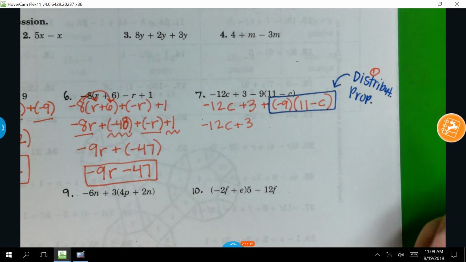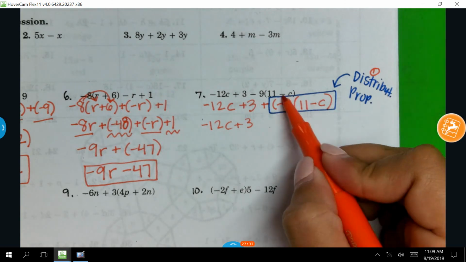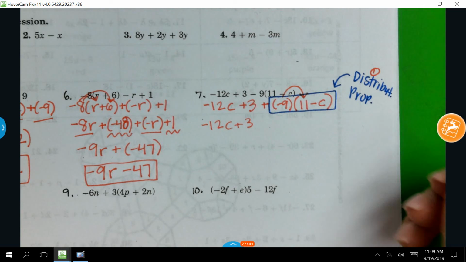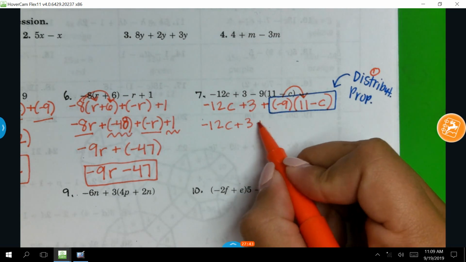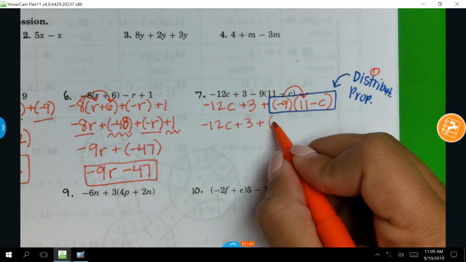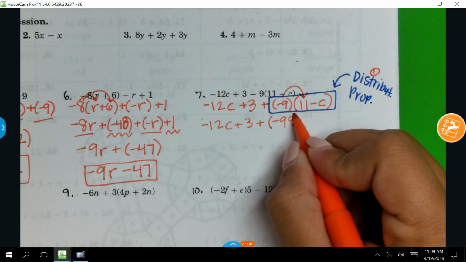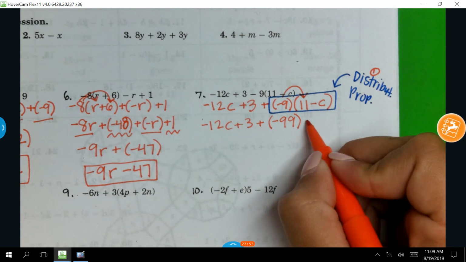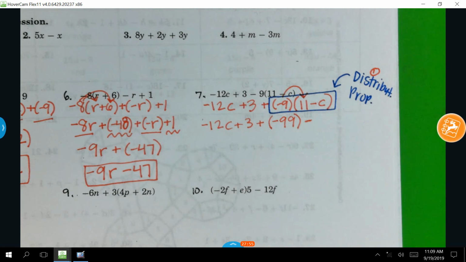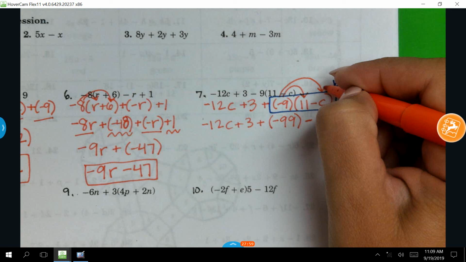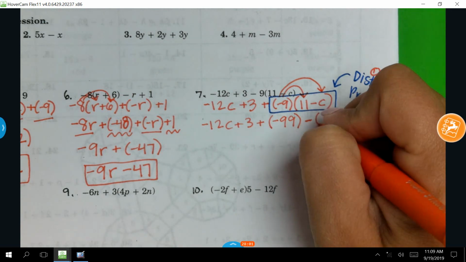When I distribute that negative 9, I'm distributing it to the 11 first. So that means negative 9 times 11, correct? So what does that give me? Negative 99. And then I'm going to keep that subtraction sign. And then I'm also distributing that negative 9 to the c. So that means I have what?